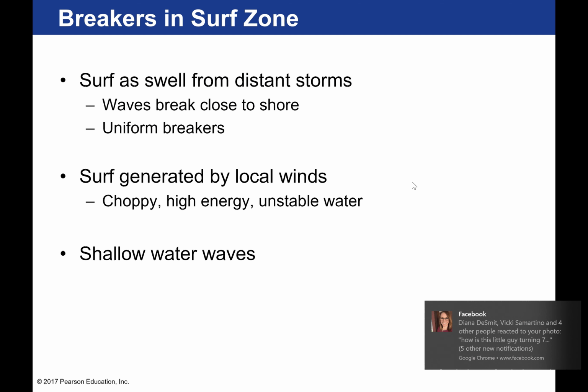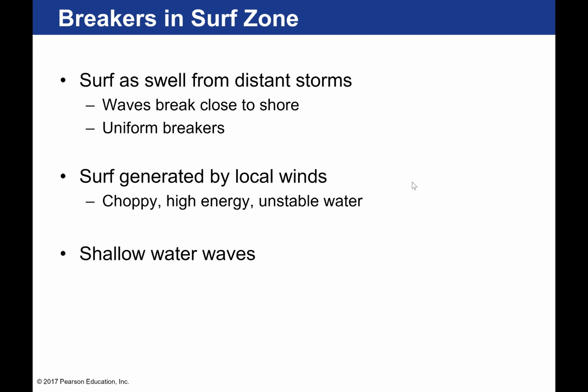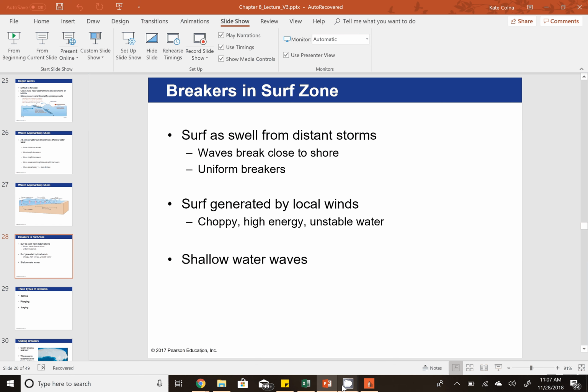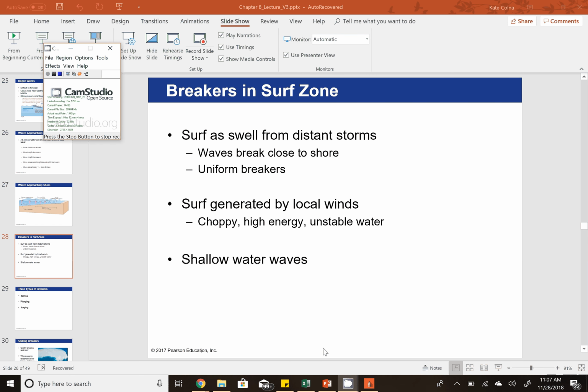The surf is generated by the local wind, so that's what makes it choppy, have a lot of energy, and be unstable. The breakers that occur in the surf zone or the near shore area are actually shallow water waves. In the next section, we're going to talk about the different types of breakers and wrap it up by talking about tsunamis. So make sure you continue on with that last section of chapter 8.